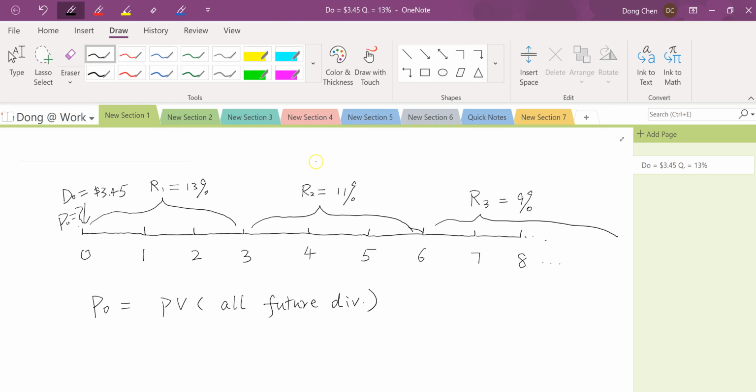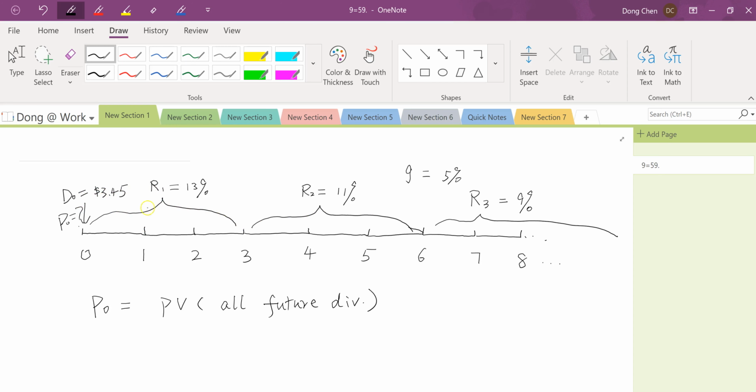And then we are further told that small g, the growth rate of dividend, is a constant 5%. So in session 2, we learned how to calculate this. If you think about this, this is the uneven stream of cash flows, right? Every period the dividend changes. But there's a pattern because we have a growth rate. The growth rate for the dividend is constant. So that means based on D0, we can figure out D1.